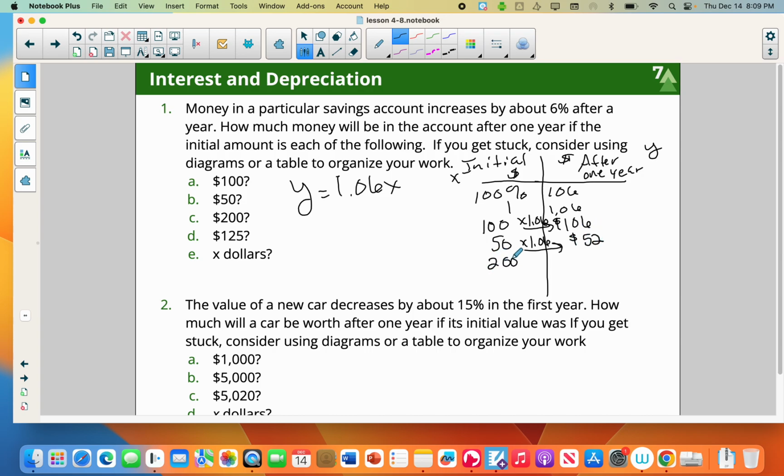If we put 200 in and multiply by 1.06, we end up with $212. If we put 125 in and multiply by 1.06, we end up with $132.50. And if I put an x in, I end up with the expression 1.06x.